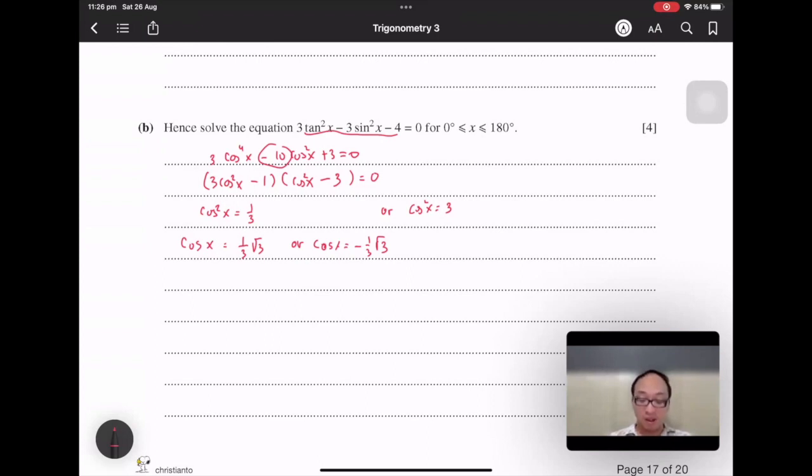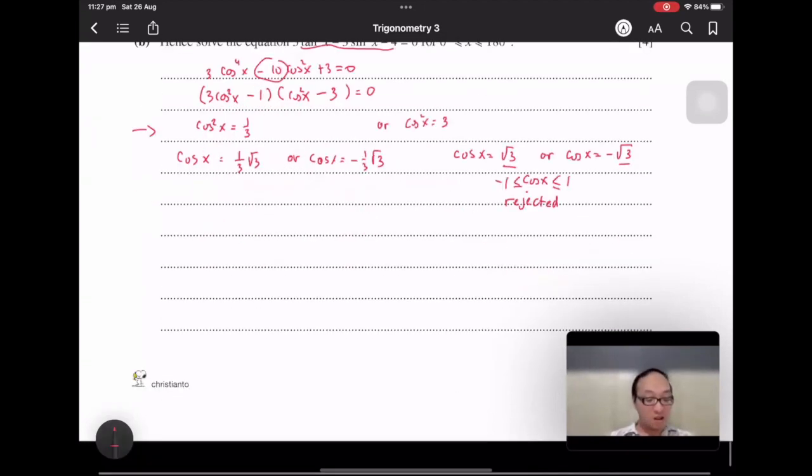From the right side, it will be cos x equals root 3 or cos x equals negative root 3. But both root 3 and negative root 3 are greater than 1 and smaller than negative 1. Since cos x can only be from negative 1 until 1, we have to reject this answer. So the answer should be from the left side.